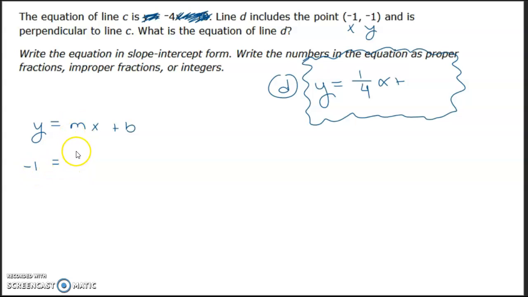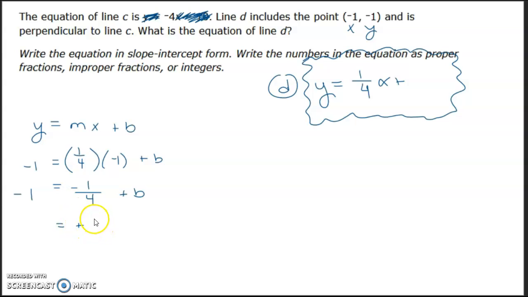M is 1/4. Our x is also negative 1, plus b. So we have negative 1 equals 1/4 times negative 1, which is just negative 1/4, plus b. This is just negative 0.25 if you want to change it into a decimal.